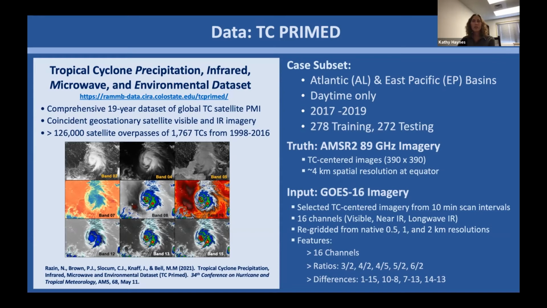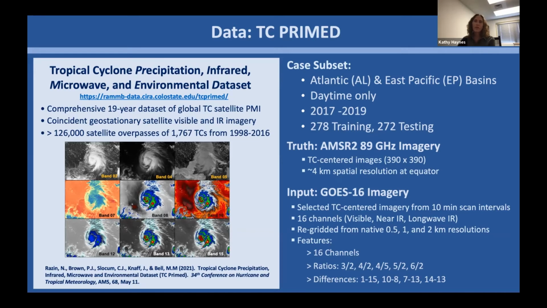As I alluded to previously, our truth is going to be microwave imagery at 89 gigahertz from the AMSR-2 satellite. From this, we are using TC-centered images of 390 by 390 pixels, which corresponds to approximately 4 kilometer spatial resolution at the equator. For our input, we are using geostationary satellite imagery from GOES-16. Here we selected TC imagery from the 10-minute scan intervals that most closely matched the AMSR2 overpasses.